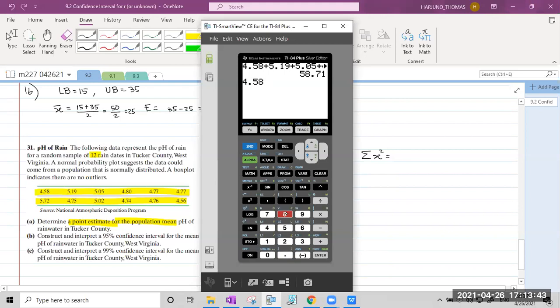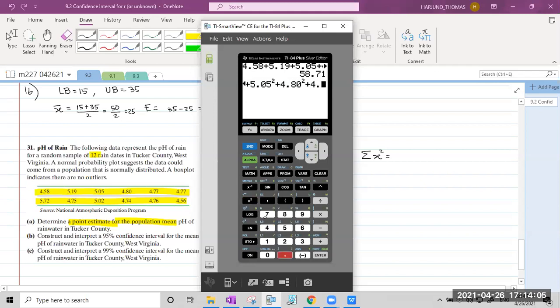4.58, that's the first data point, squared. Plus the second data point, 5.19 squared. Plus 5.05 squared. Plus 4.80 squared.